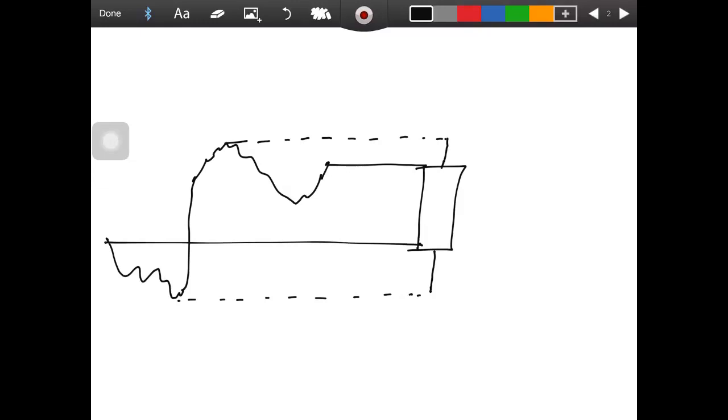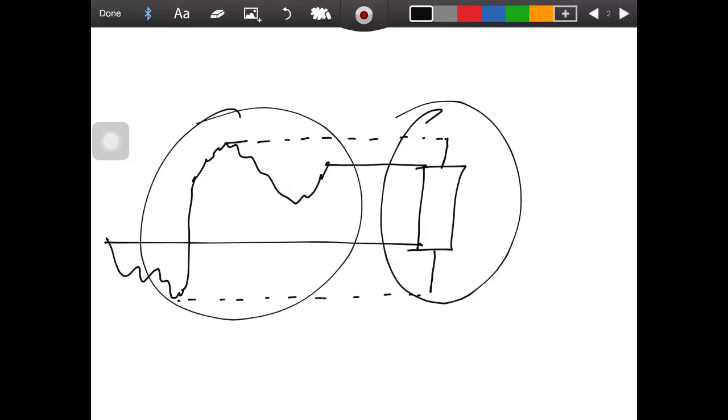So that is what your candle will look like, and this is all we need. Once you have this information, open price, close price, high price, and low price, you don't need this line chart anymore.